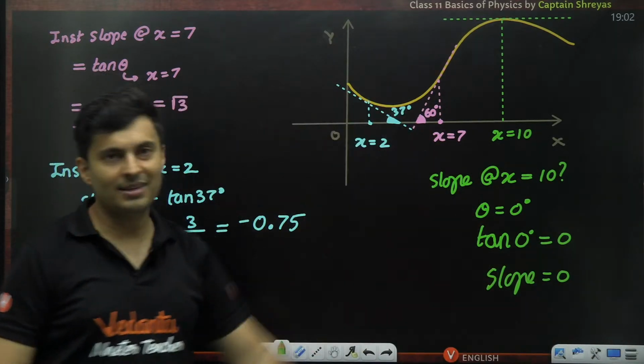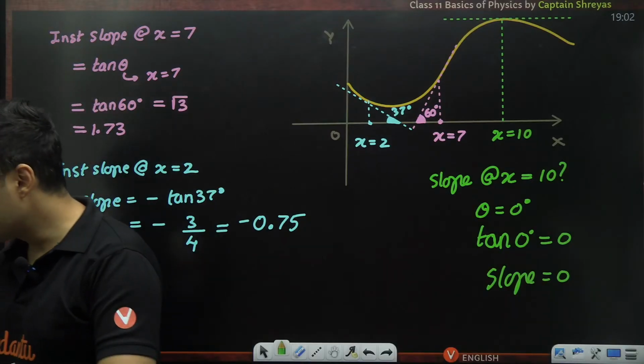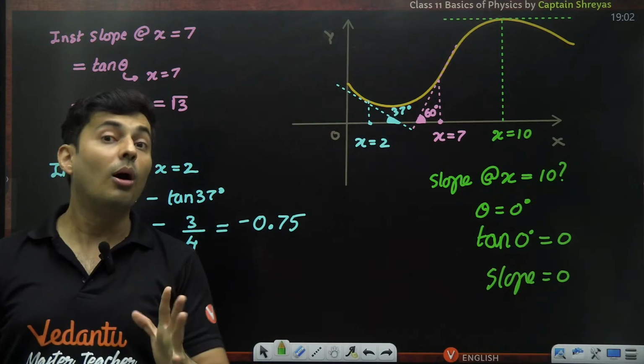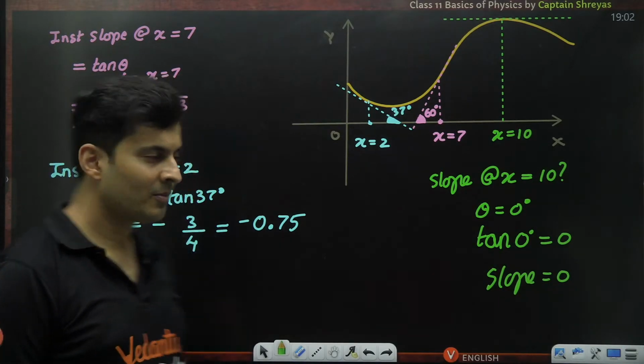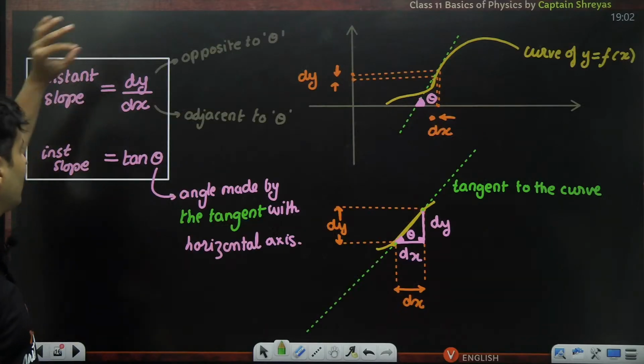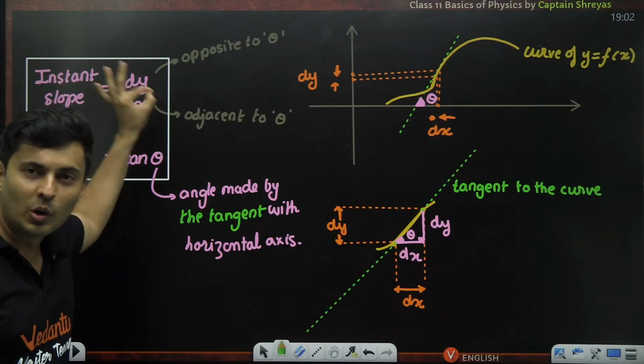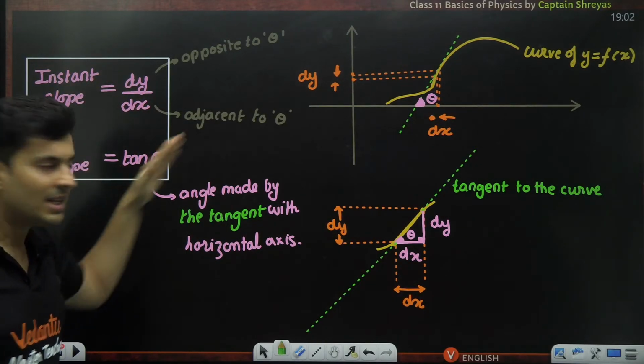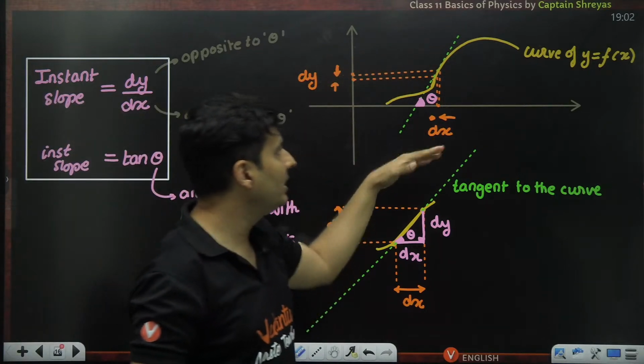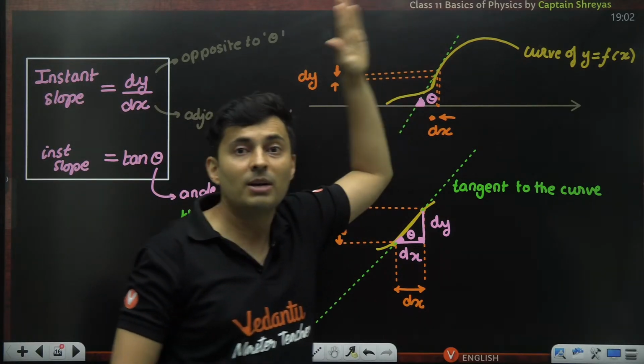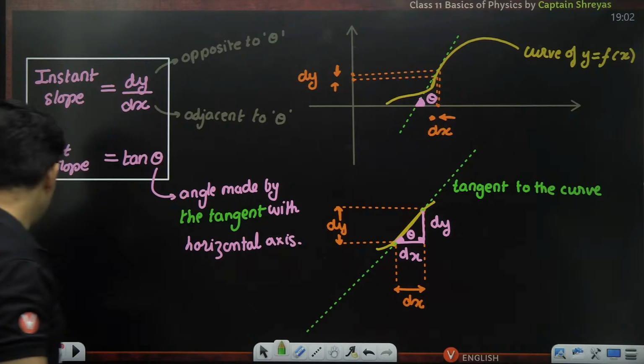Hence, the slope is 0 over there. So this is the geometrical way of figuring out the slope. The beauty was, you don't know the numerator, you don't know the denominator, but the ratio is the tan of theta, where theta is the angle made by the tangent drawn to that particular curve.